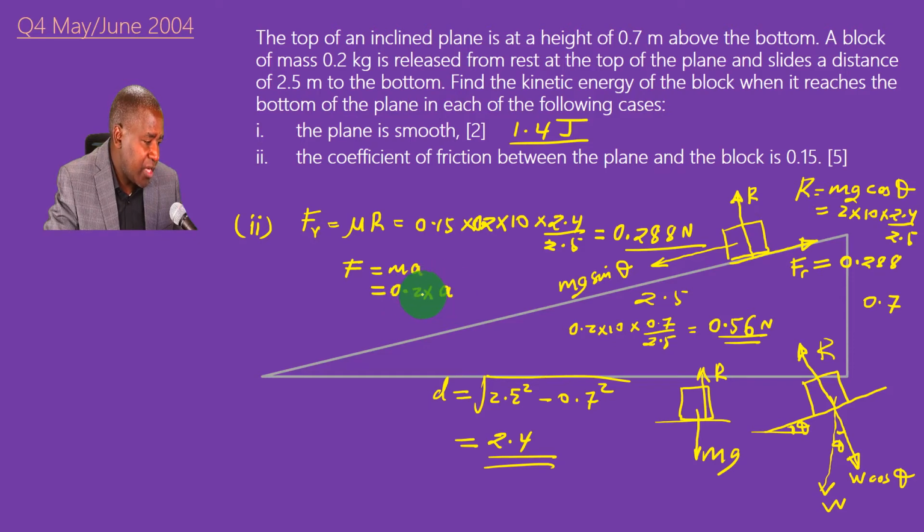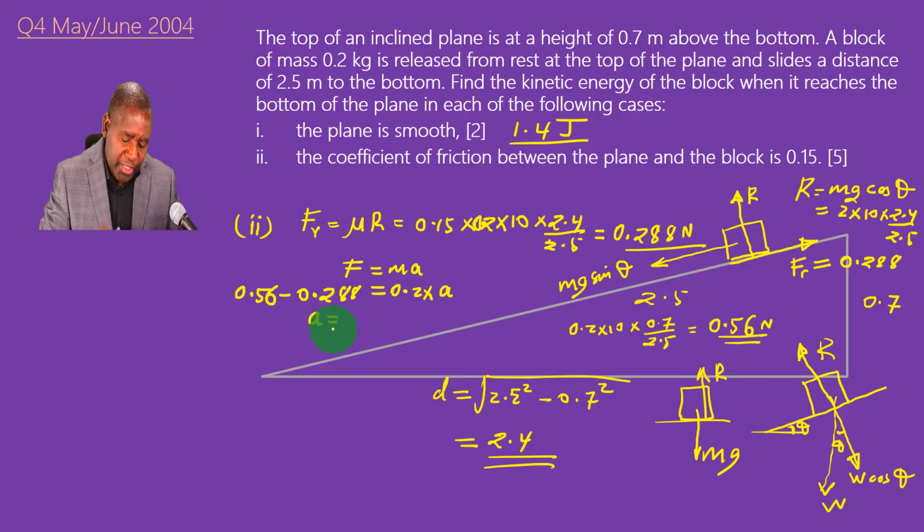times the a. Now this resultant force will be the driving force, which is 0.56 minus 0.288. Now this makes a bit of sense. So 0.56 minus 0.288, I get 0.272.